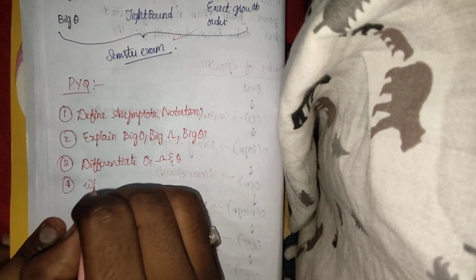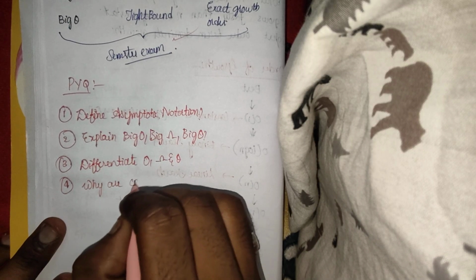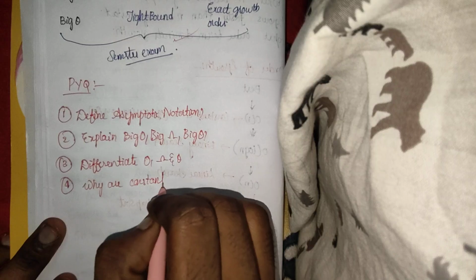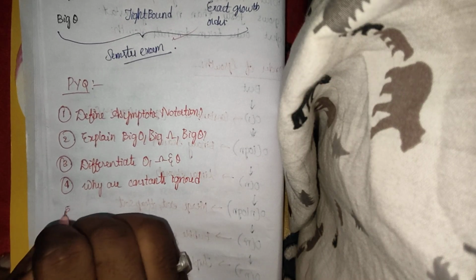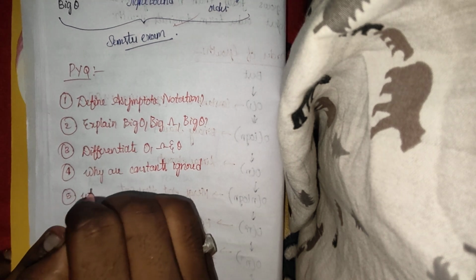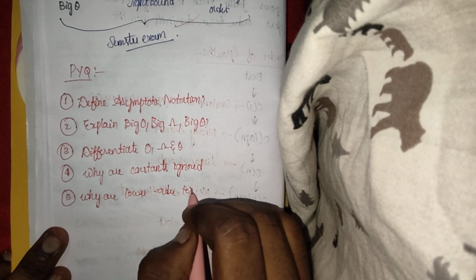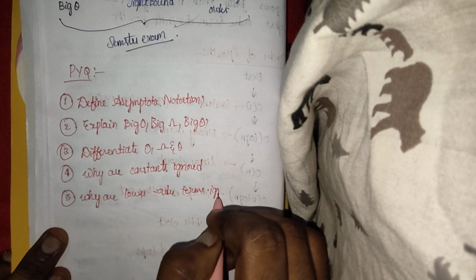Why are constants ignored? Next question, why are constants ignored? Another, why are lower order terms ignored?